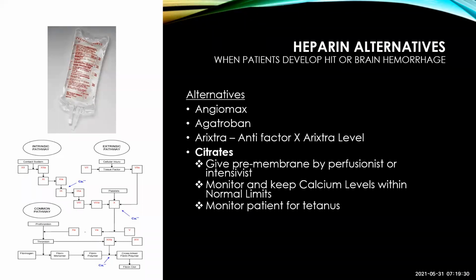Like with the heparin, you have to balance your fibrin levels, your thrombin. In citrate, we need to balance the calcium levels. So it's important to replace the calcium and keep it within the normal limits. And you're going to give calcium chloride or calcium gluconate IV. And if your patient's calcium levels drop too low, your patient's going to go into a tetany state. So just be on the lookout for that and prevent that. So that's the alternatives for heparin.